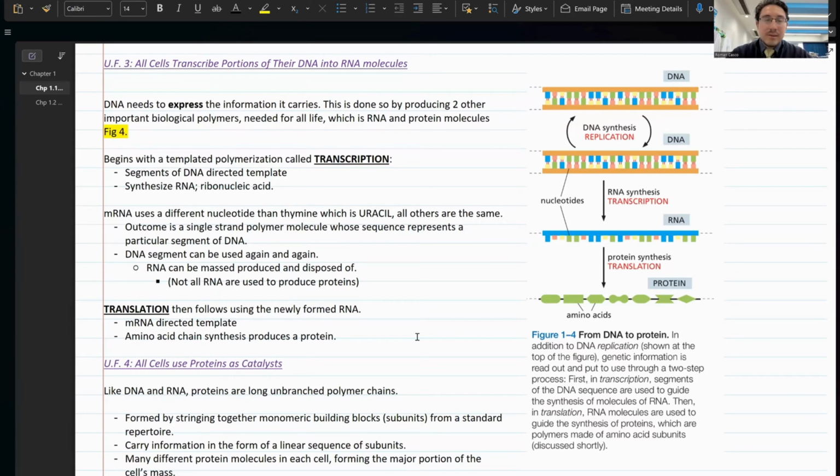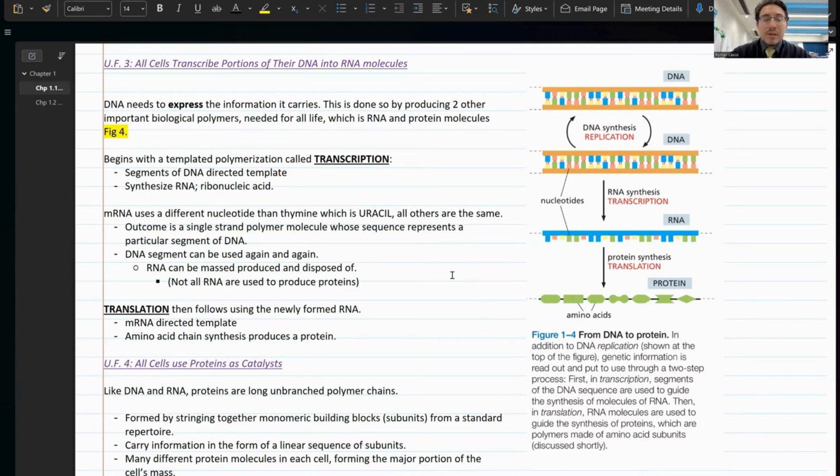How does it get used? DNA needs to express the information it carries, and this is done by producing two other molecules that are very important in biology, needed for all life, which are essentially RNA and protein molecules.